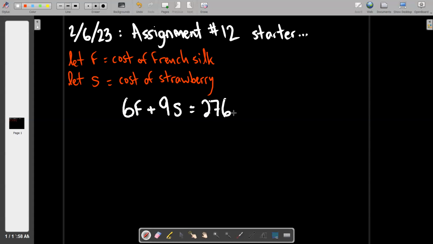If you have 2 variables, you need 2 equations. So we're going to find a very similar equation from Arjun, maybe? What Arjun sold. So give me Arjun's equation. 6F plus 8S. Very good. So 6F plus 8S equals 256.